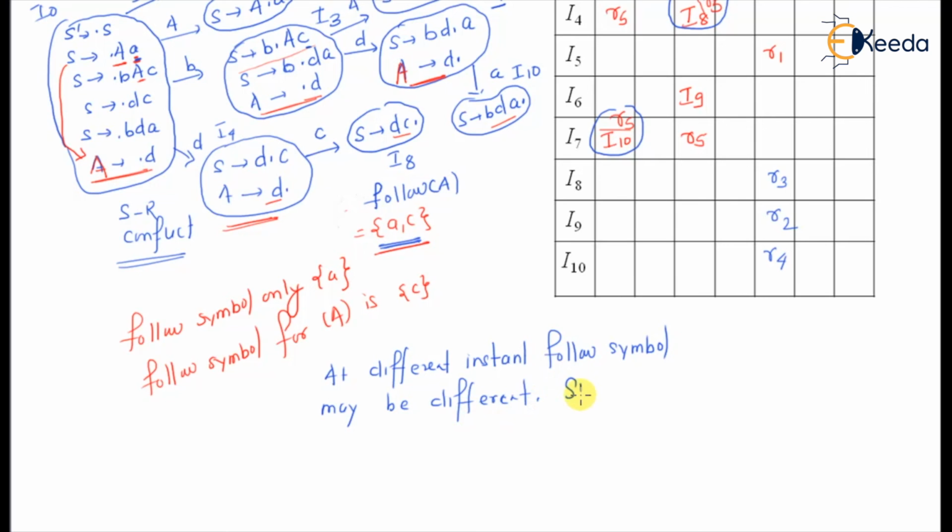SLR considers the entire follow set for making the reduction.